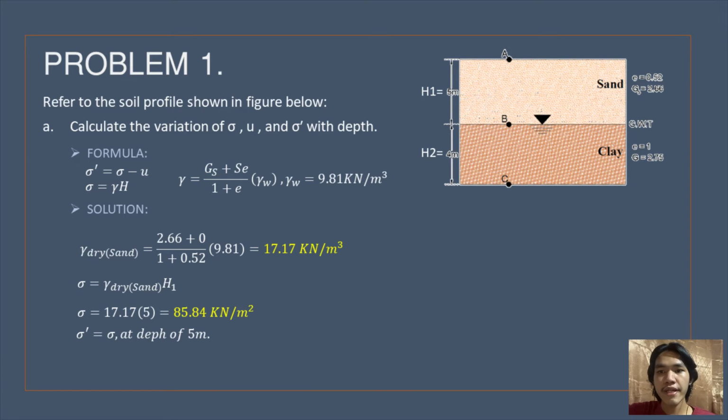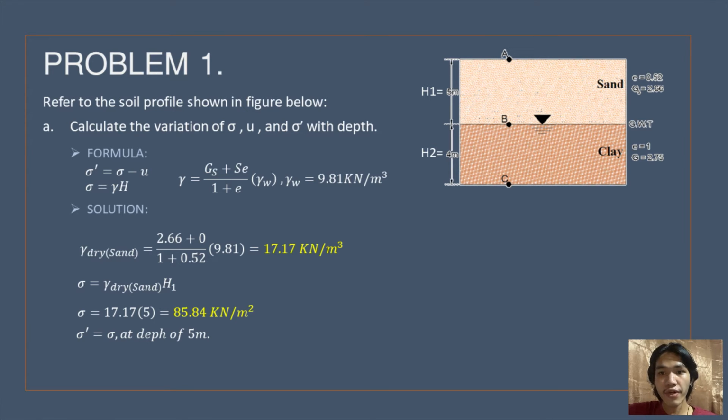The solution for this is we need to substitute the given values for the dry unit weight of sand, which is equal to (2.66 plus 0) over (1 plus 0.52) multiplied by the unit weight of water, which is equal to 17.17 kilonewtons per cubic meter. So now we have the dry unit weight.